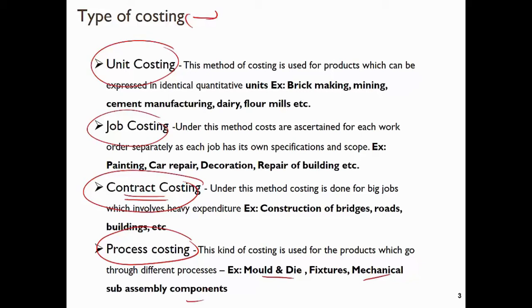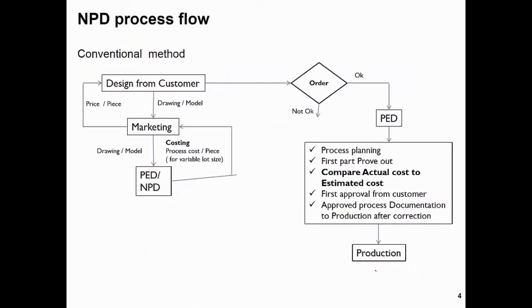If you take even an automobile component, or a mold and die, it has to be initially machined, then hardened, then powder coated, because it's a process. Machining, hardened, then powder coated, all this you should look at. You should also know which type of casting it is.